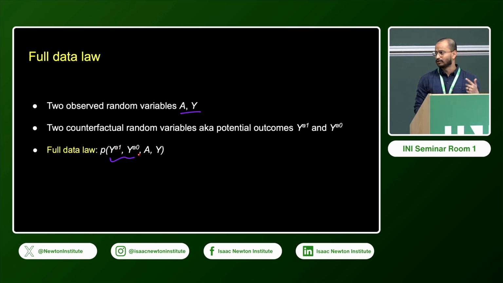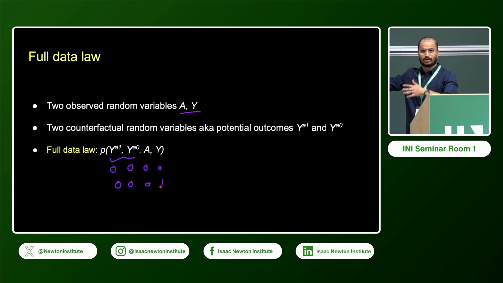If I consider these all to be binary variables, this requires 15 parameters, 15 probabilities that I have to specify in order to get a full joint distribution over all of these. So that's like for all possible combinations of 0,0,0,0, 0,0,0,1, and so on. I enumerate all those possibilities.